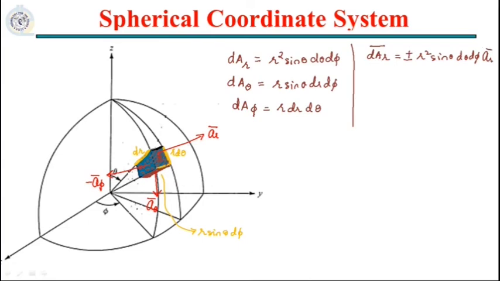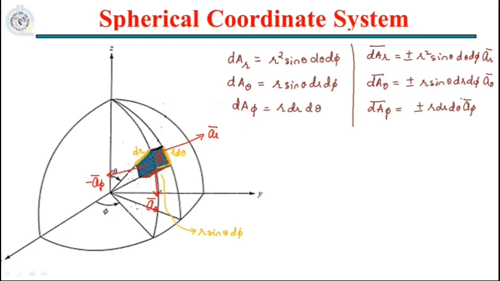Remember, the plus minus sign is associated with the unit vector and not with the magnitude of the area. Likewise, dA_theta bar equals plus minus r sine theta dr d phi a_theta bar. And dA_phi is defined as plus minus r dr d theta a_phi bar. So these are our differential areas.